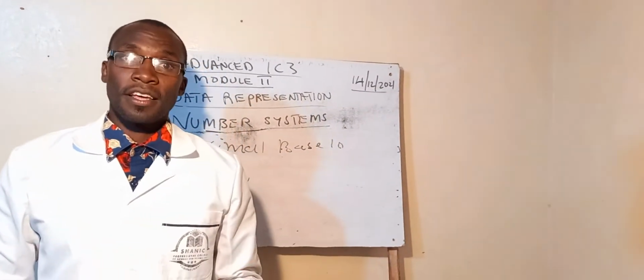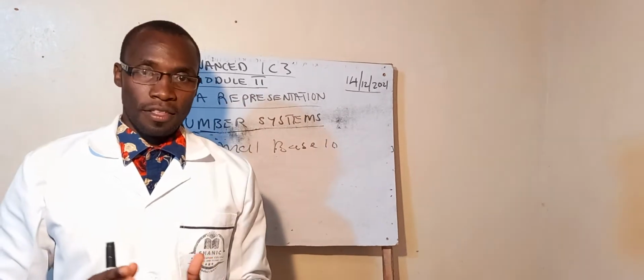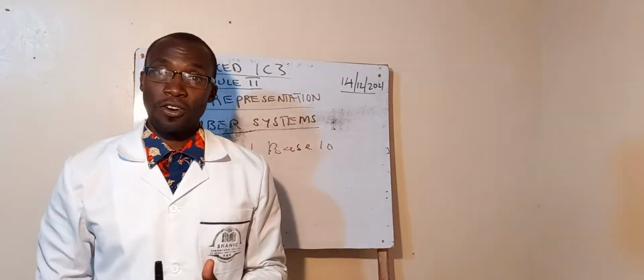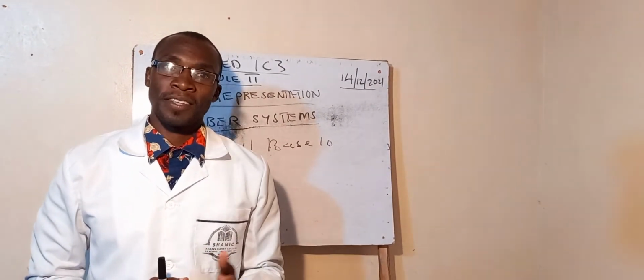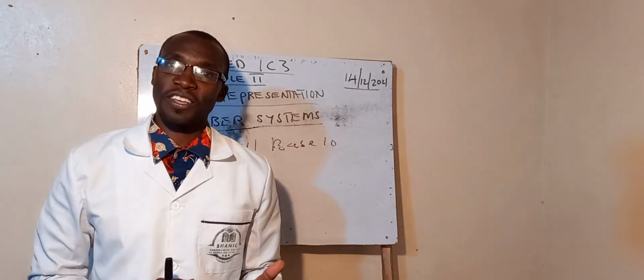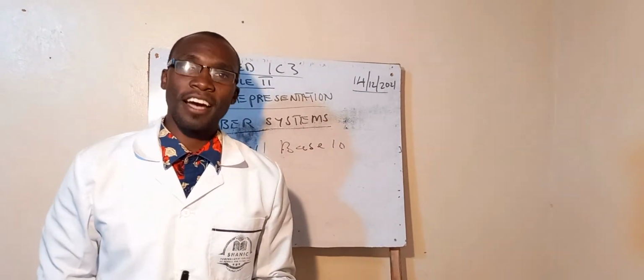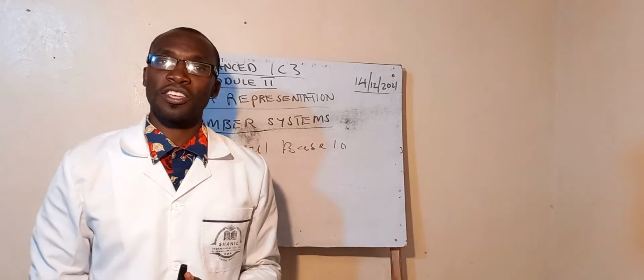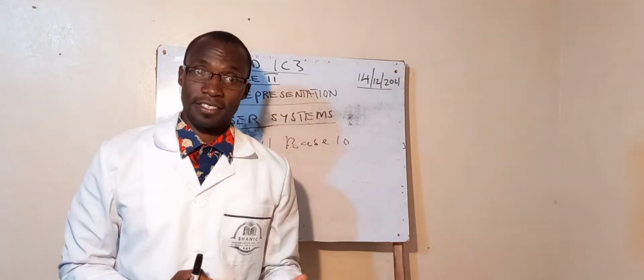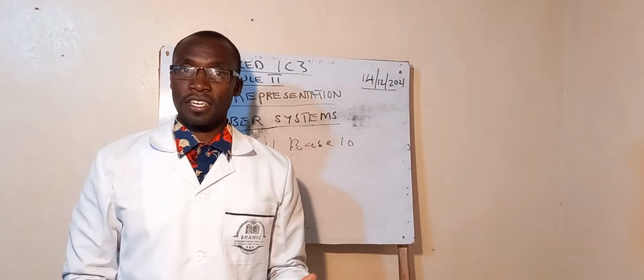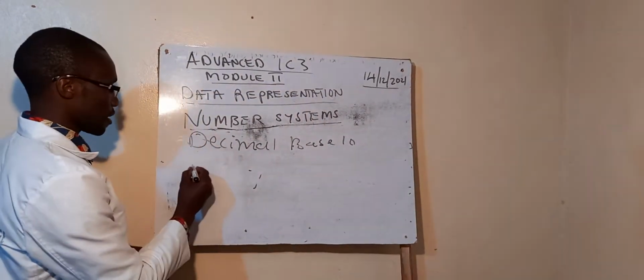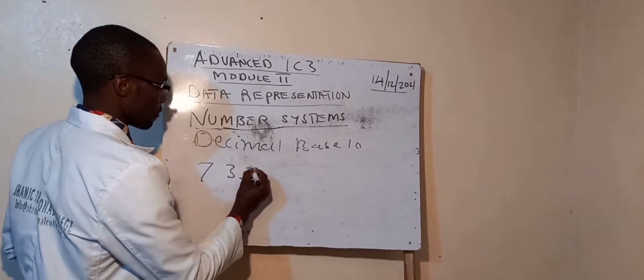That is, the least significant digit, the rightmost digit, is of the order ones. The second rightmost digit is of the order tens. The third rightmost digit is of the order hundreds, and so on. For example, I have got this number 735.